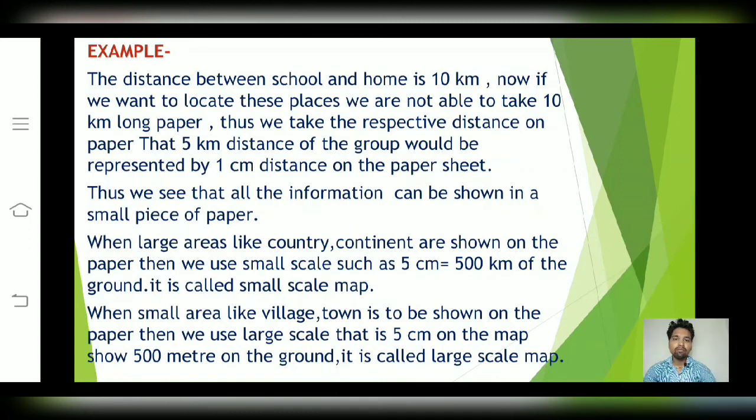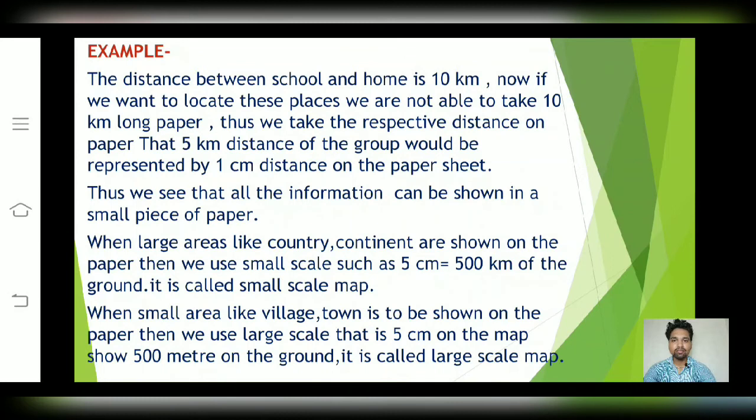In a large scale, what do we see? The ratio is decreased. In the previous one, what were we taking? We were taking 5 centimeters equal to 500 kilometers. But here for large scale mapping, we will take 5 centimeters equal to 500 meters.